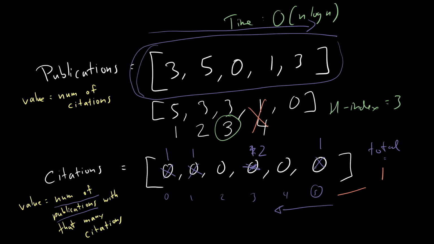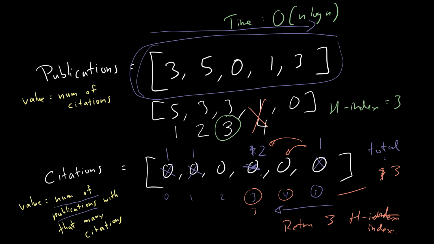No, it's not. Then you keep iterating. You add 0, so 0 plus 1 is still 1, and 1 is still smaller than 4. All right, so then you go to the next one, and now total becomes 3 because you add 2 to 1, and then is 3 equal or bigger than the index 3? If it is, then that's it. You return 3. And this would be your H index.